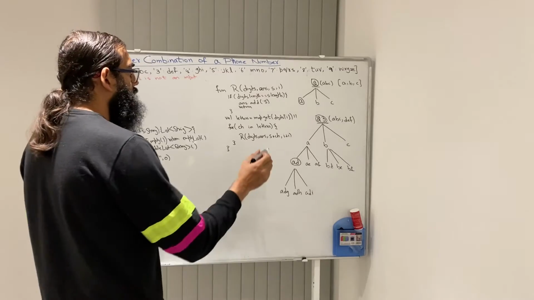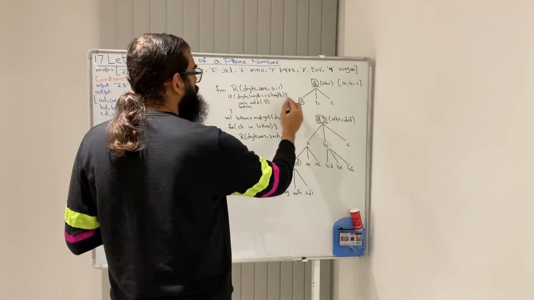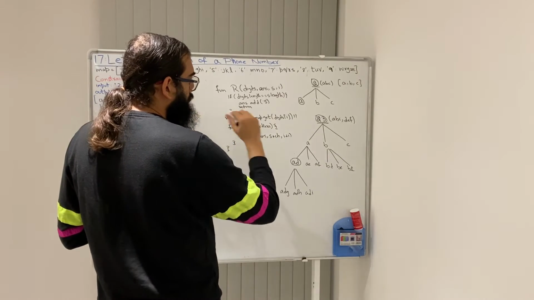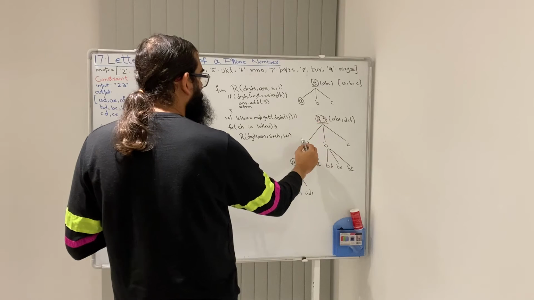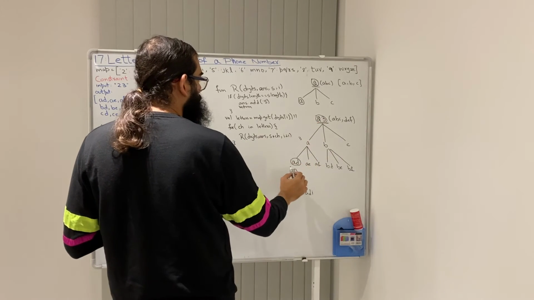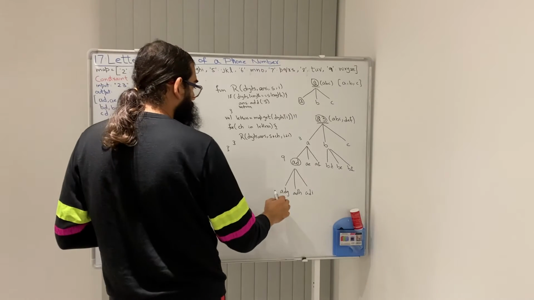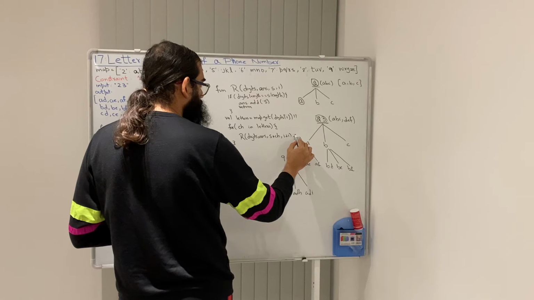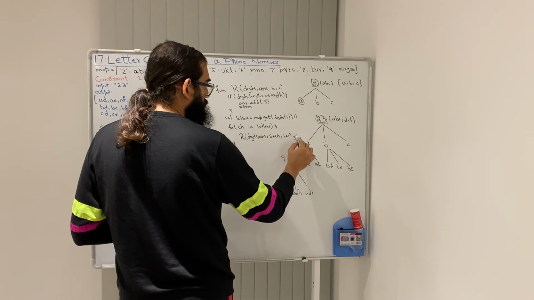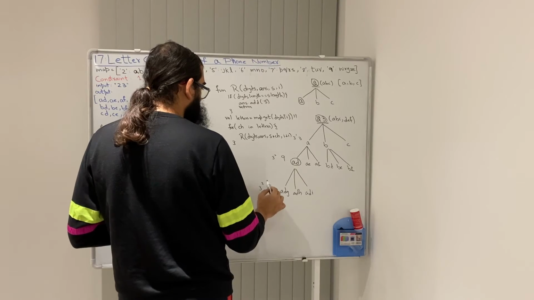In this case, if we see 3 branches, then when we have 2, 3, it's going to be 3 and then 9. And if I have 2, 3, 4, then it's going to be 27. So it looks like powers of 3: 3 power 1, 3 power 2 is 9, 3 power 3.